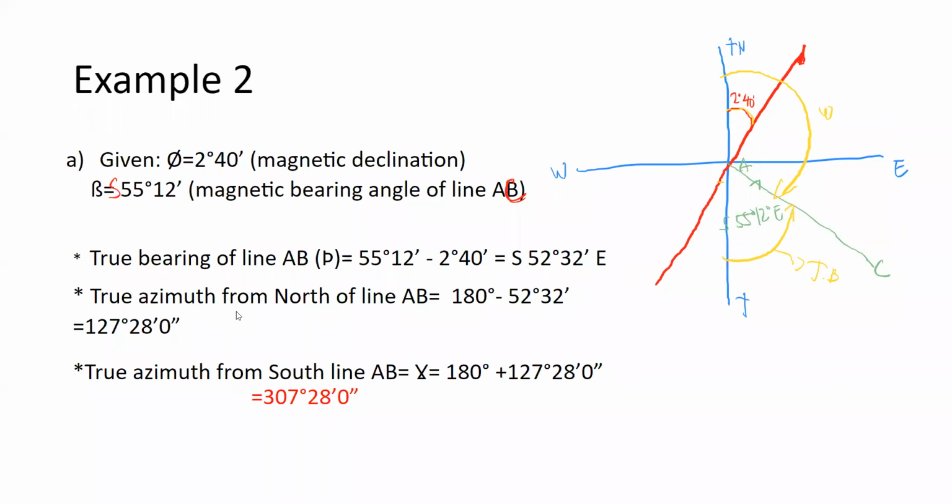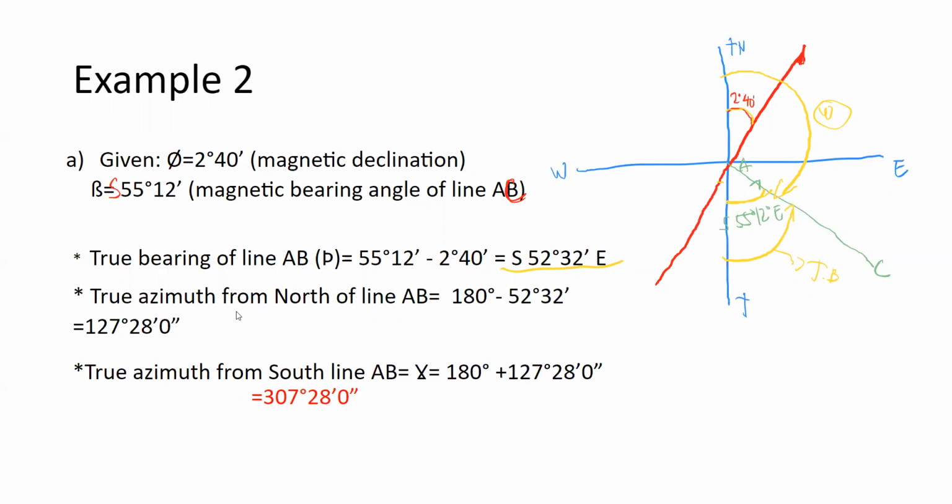So, di ba? As you can see, nakuha na natin tong angle na to, which is 52 degree, 32 minutes. And we all know that omega plus etong angle na to, na 52 degree, 32 minutes, is just equal to 180. Diba?